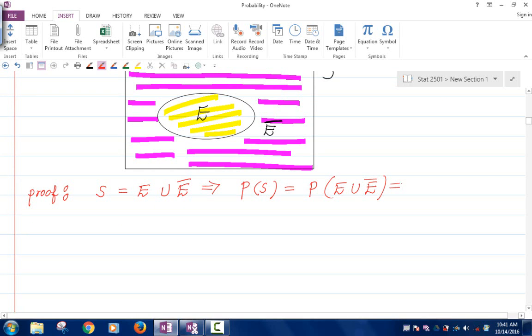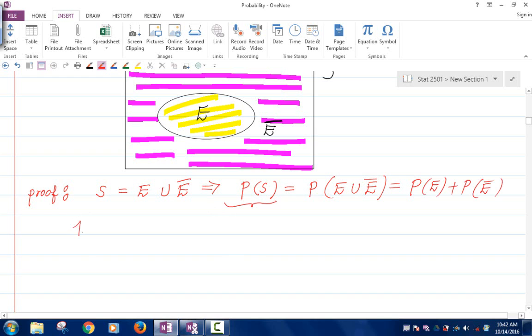But remember, the probability of A union B, which is a consequence of axiom 3, is the probability of A plus the probability of B, as long as A and B are mutually exclusive. E and E complement are mutually exclusive, so I can say this is the same as the probability of E plus the probability of E complement. Remember the probability of S is 1.